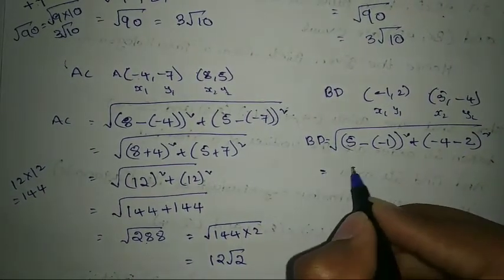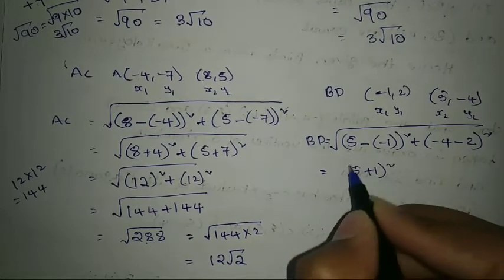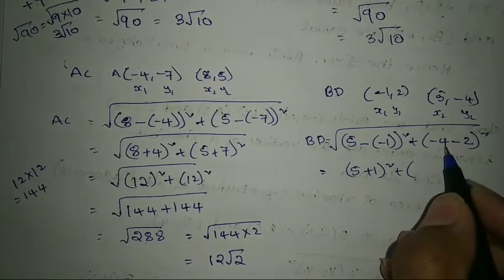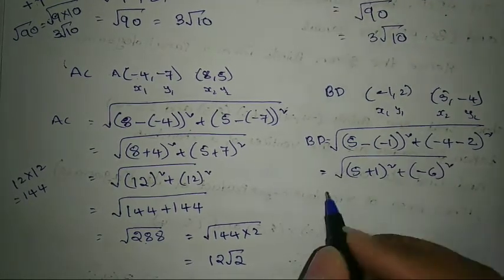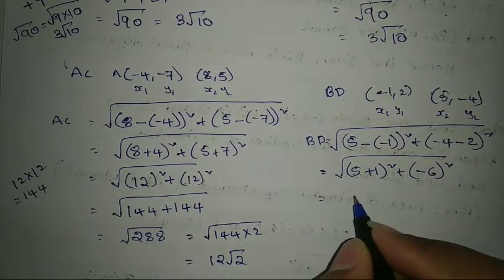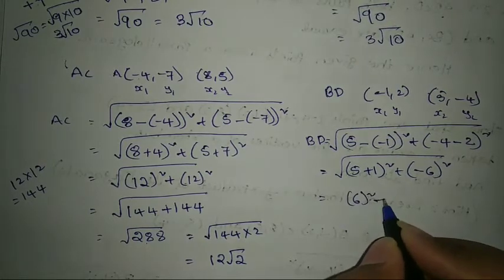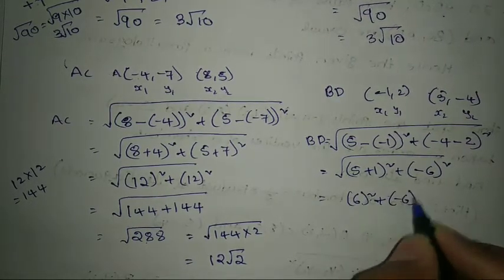So here 5 plus 1 whole square plus minus 4 minus 2 is minus 6 whole square. 6 whole square plus minus 6 whole square.